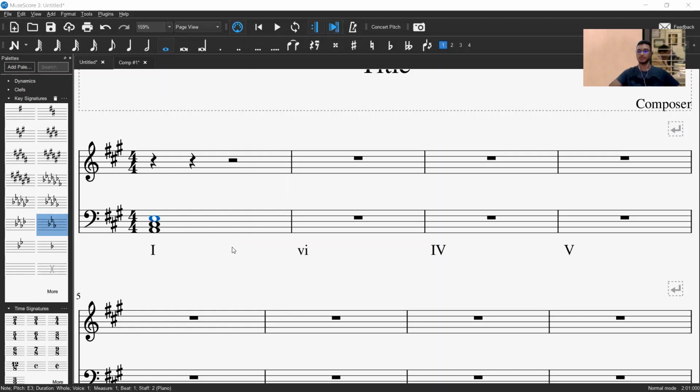F sharp as the one. F sharp, A, C sharp. Exactly. Do you want to write that down as well?